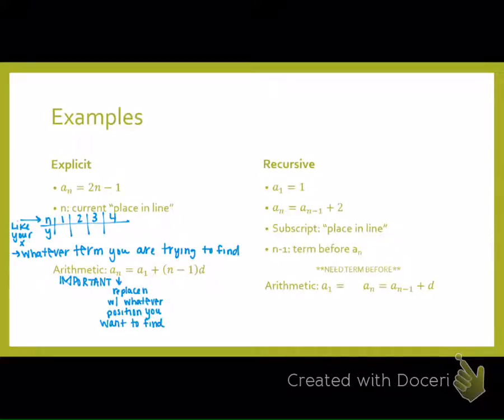So this means replace n with any position, and that's the same n that's right here. So these two n's that are in the formula, if you replace that n with 2, that n also gets replaced. If you replace that n with 1,000,000, that other n gets replaced with 1,000,000.